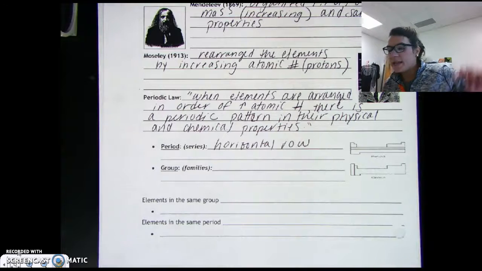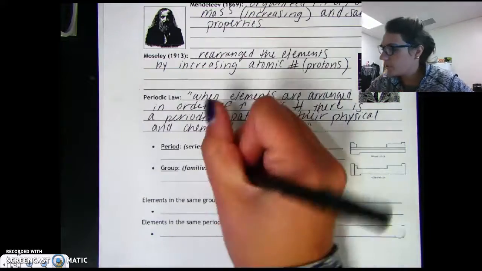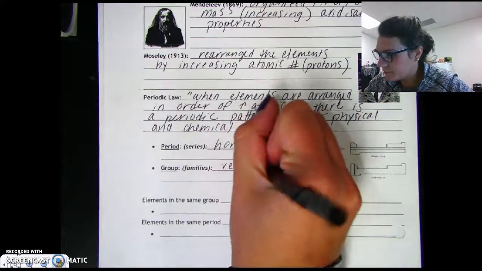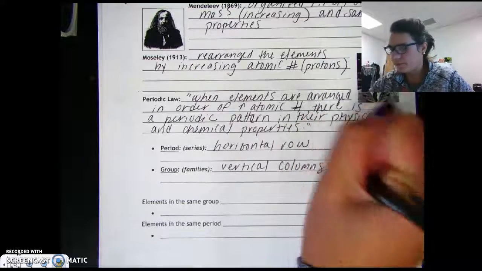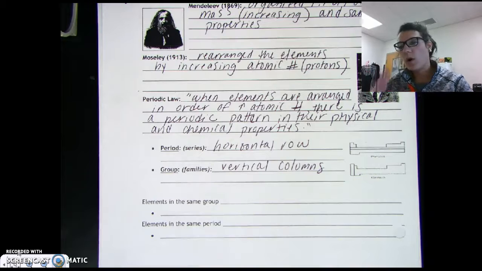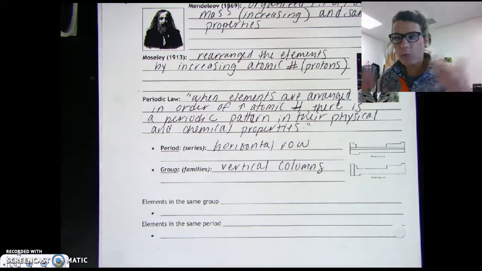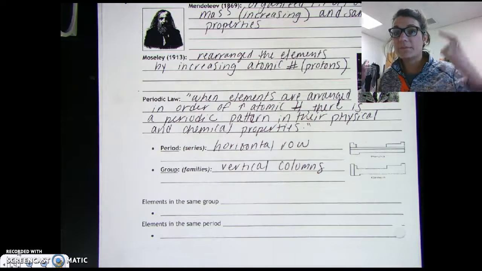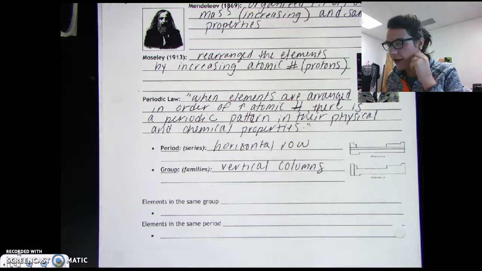Okay, and then the groups are these guys that go up and down. So this is the vertical rows, or the vertical columns, since they're going up and down. Okay, so let's then talk about what kind of different properties there are, if they're in the same row and if they're in the same group, what does that mean about the elements and this periodic pattern that holds true, okay?